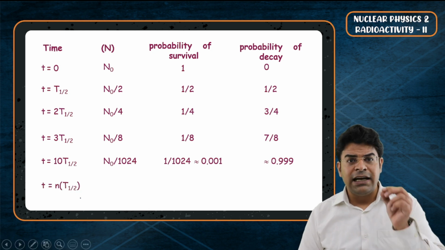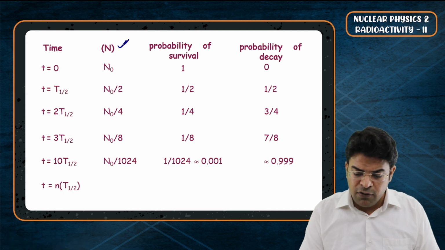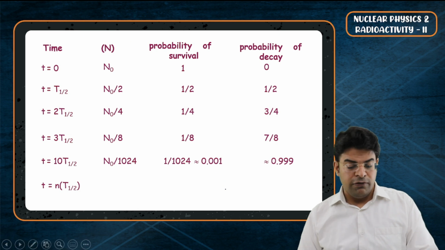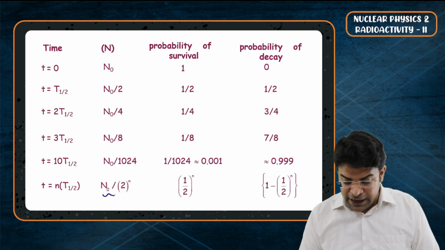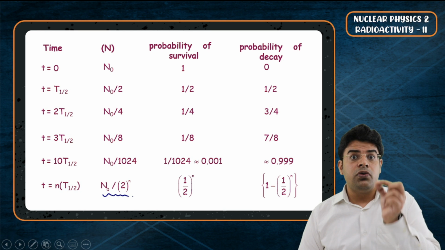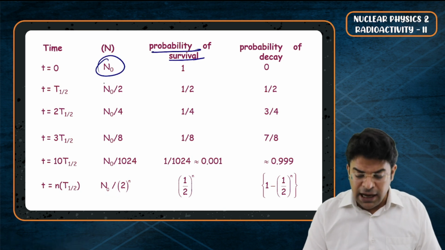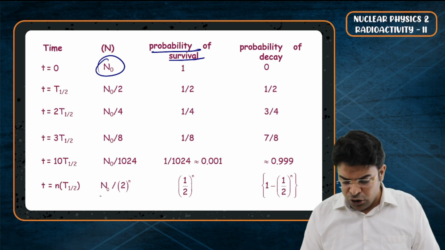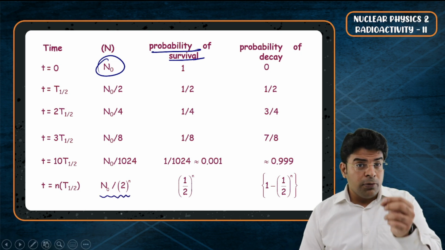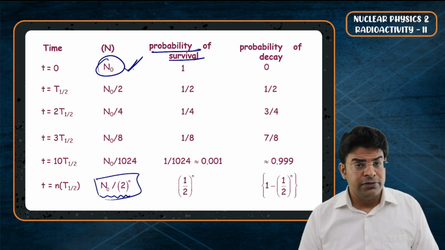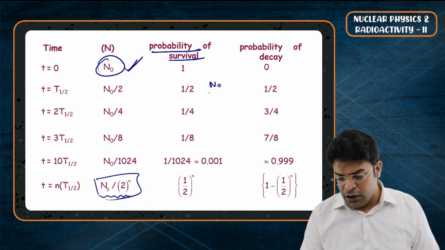If they give you a general number, what happens after n half-life? So you will say that after n half-life, the number of active nuclei will be N0 upon 2 raised to power of n. Then the probability of survival is what survived upon what you had originally. So that will be N0 upon 2 raised to power of n divided by N0, and that gives you 1 upon 2 raised to power of n.